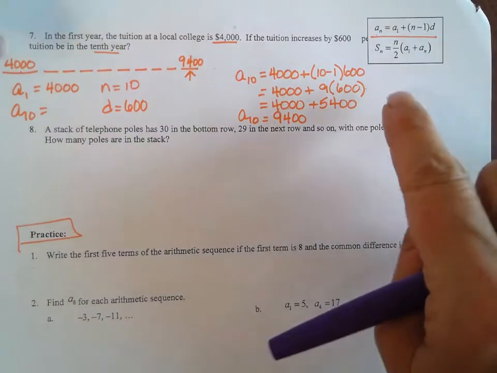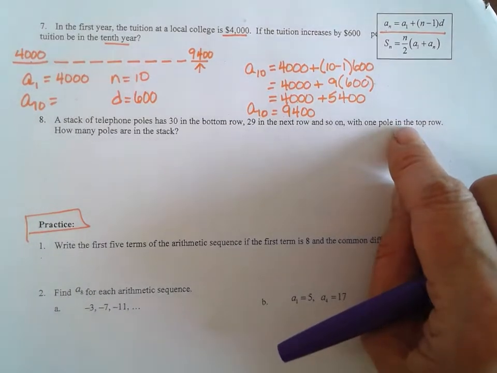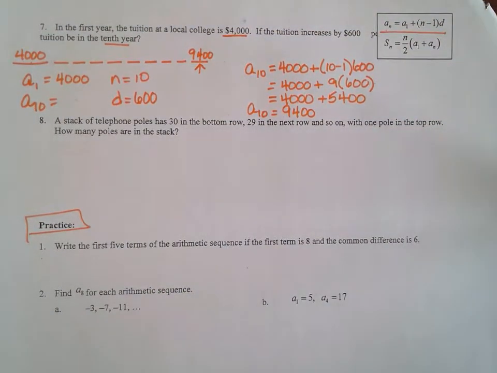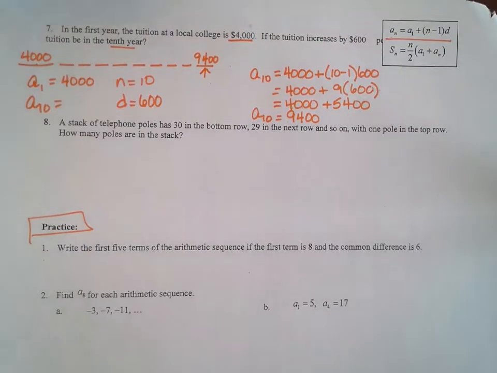So if this is a story problem where it's looking for a specific number for a point, you want to use this sequence because that's your list.